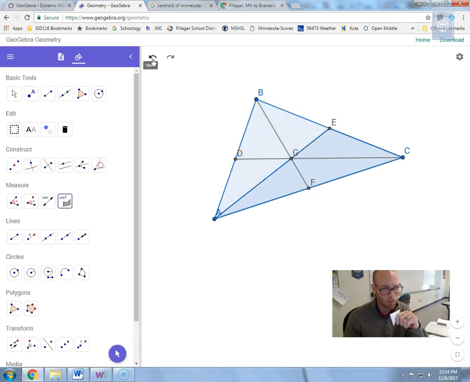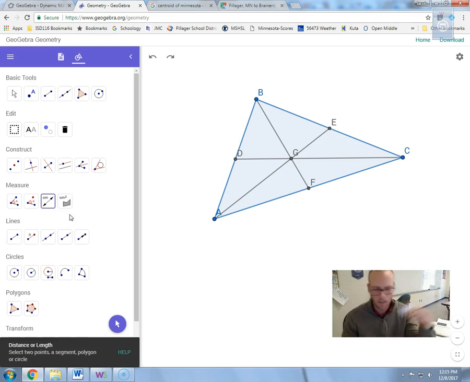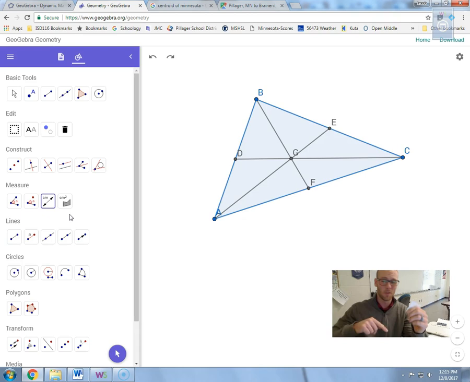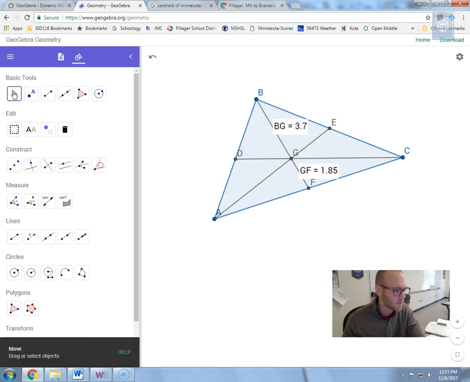Now there's one other thing that's going to happen here, and it has to deal with distances. And that shouldn't surprise us, because when we found the circumcenter, it was the same distance from the vertices. When we found the incenter, it was the same distance from the sides. What's the distance component of this one? Well, I'm going to measure this, and I'm going to measure that. Okay. And let's see if we notice anything.